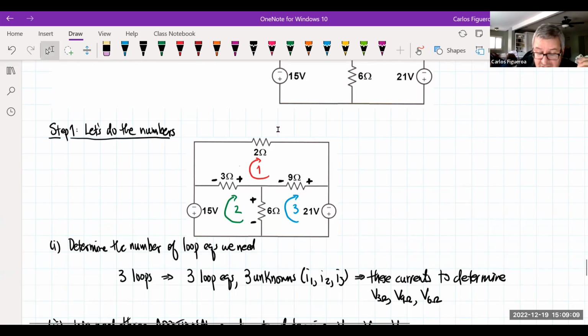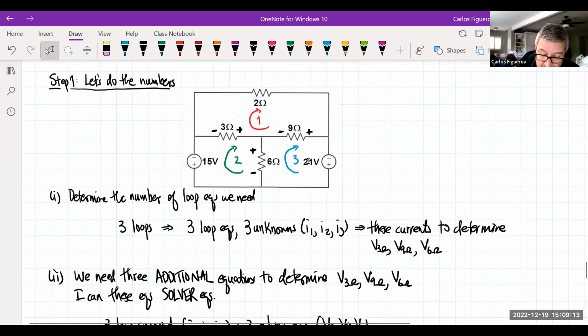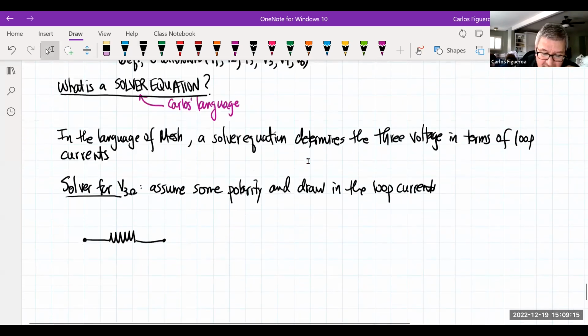Now note that these sign conventions are arbitrary, so they don't really mean that much. It's what you do with it afterwards that's important. So here's my 3 ohm. We already agreed that this has a polarity of positive and negative. Now I've got to look at the loop currents. Look at the red current.